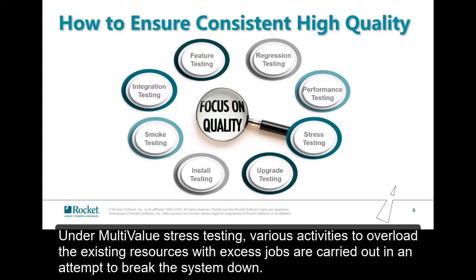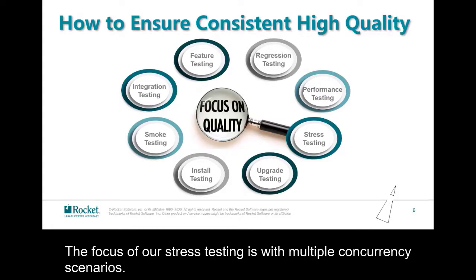Under MultiValue stress testing, various activities to overload the existing resources with excess jobs are carried out in an attempt to break the system down. The focus of our stress testing is on multiple concurrency scenarios.